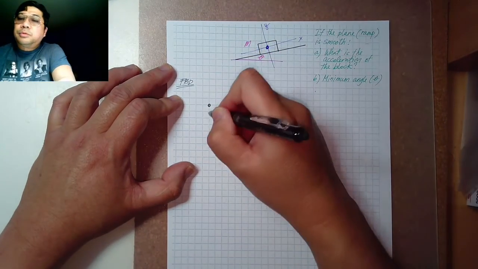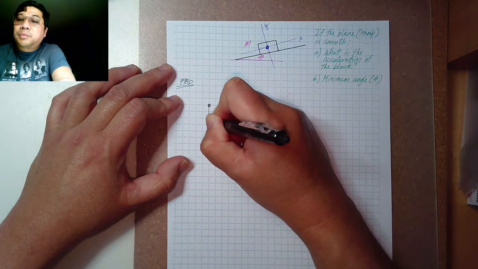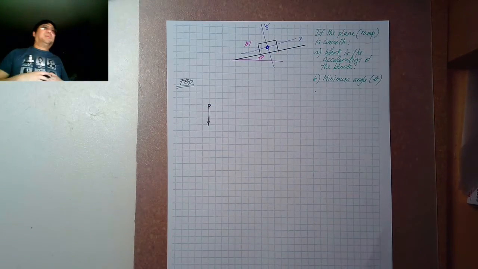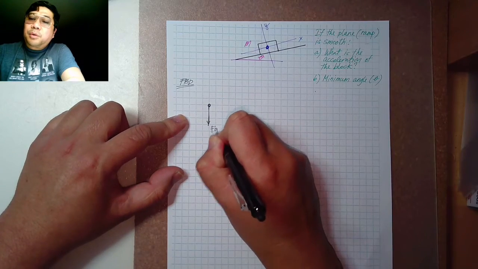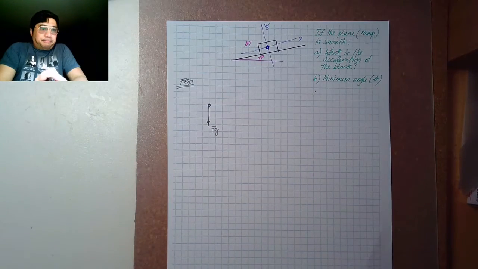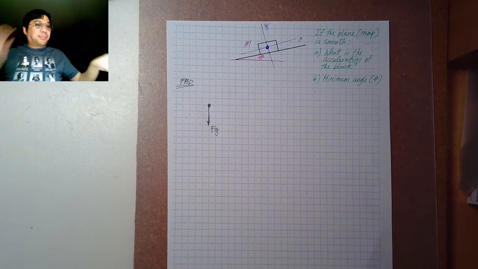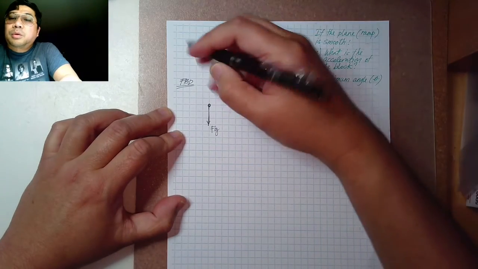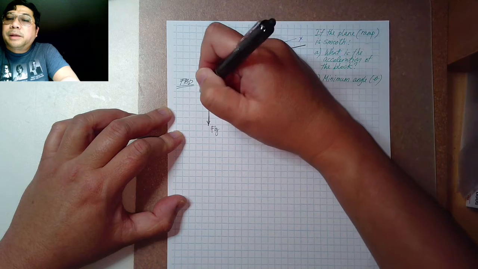The dot will move, yes, it is moving, or the whole block is moving. And there is what we call force of gravity, or weight, Fg. And then, just like in the previous video, there is a normal force that is preventing it from going straight down to the plane.